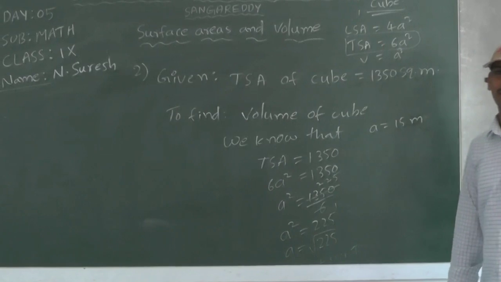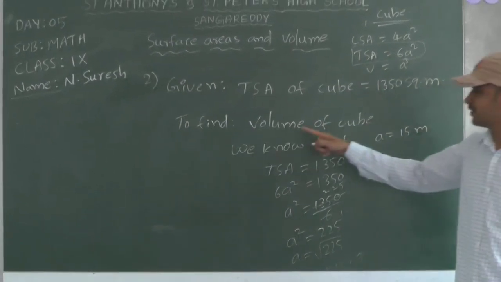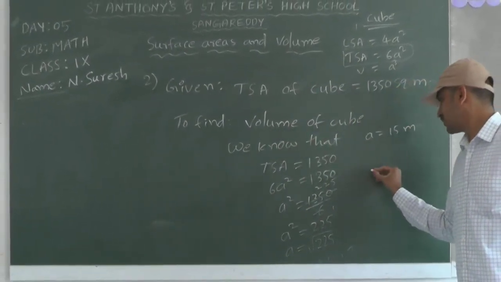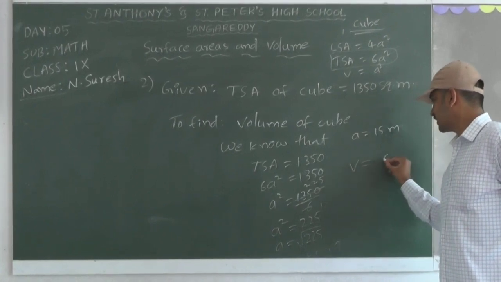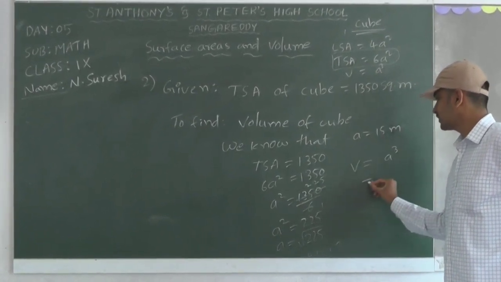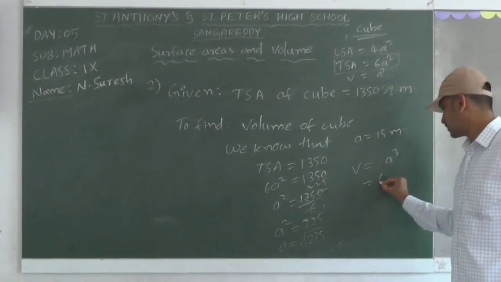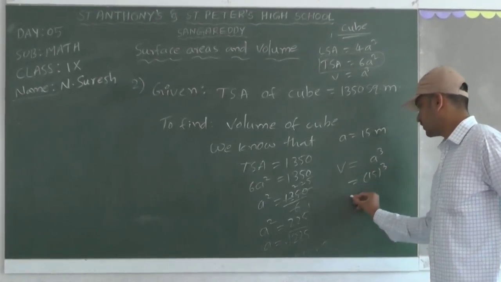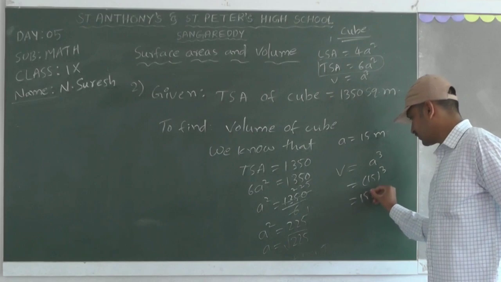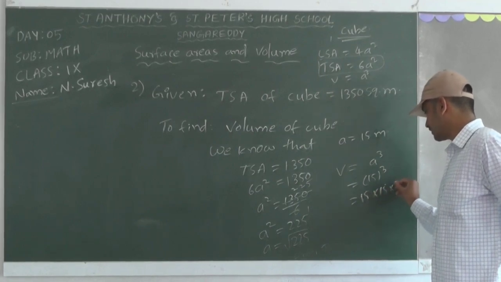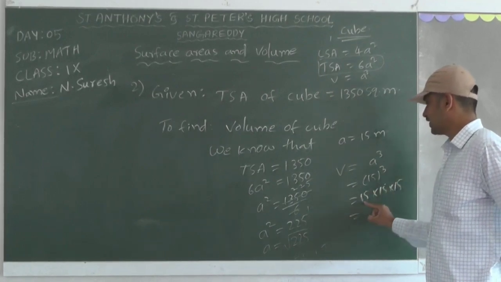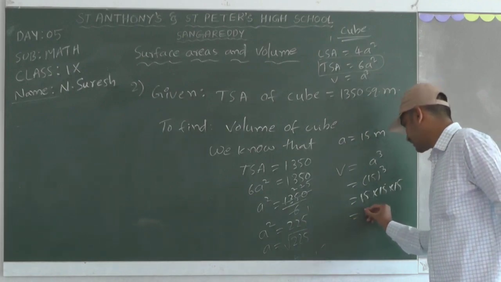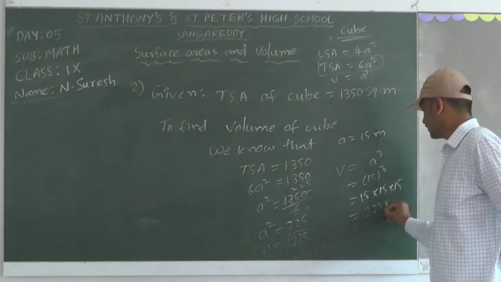Now we have to find the volume. What is asked? The volume of the cube. Volume V equals a cube, that is 15 cube, 15 into 15 into 15. We already know 15 into 15 is 225, so 225 into 15.